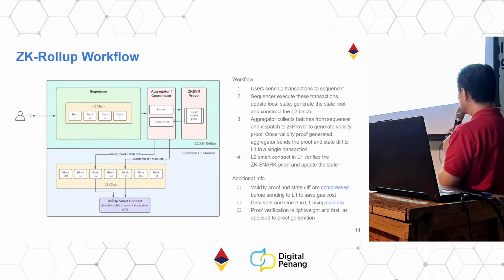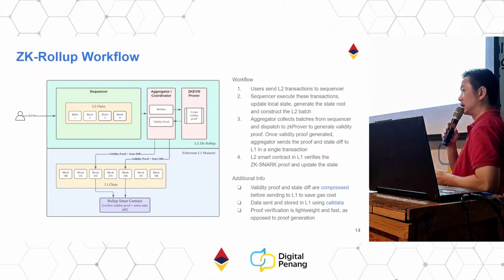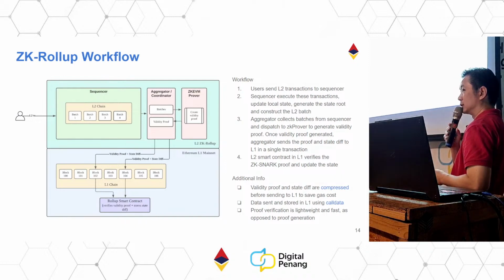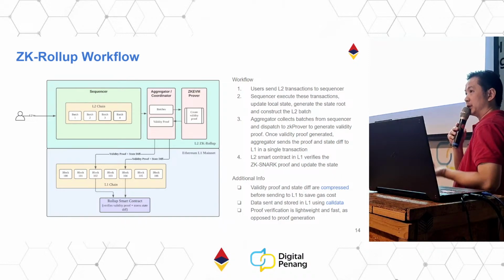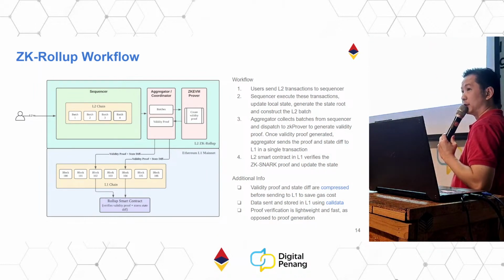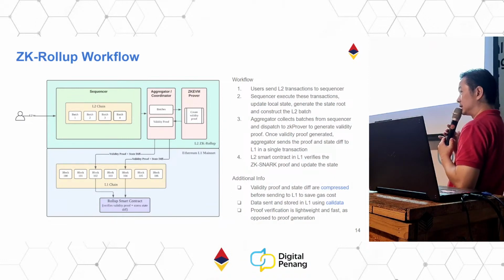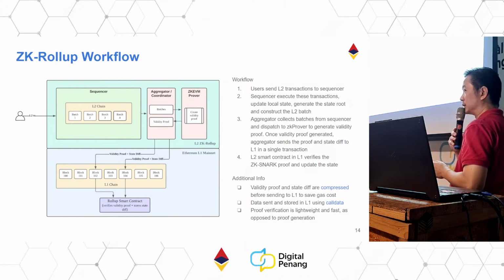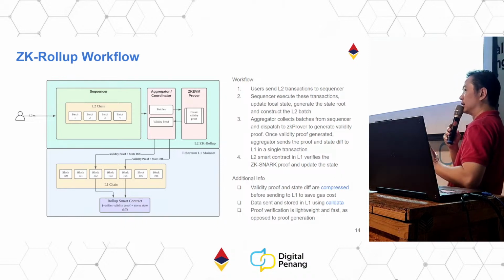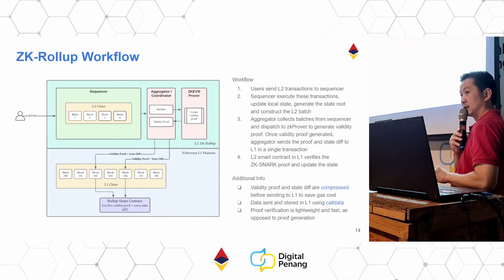So why do we need to send the state diff over to layer 1? Layer 1 needs a certain level of guarantees to allow people to exit from the chain if something bad happened to layer 2, right? For example, ZK Sync. Let's say ZK Sync operated for two years, and 3 years down the road they suddenly go missing, the whole team is missing, and nobody is operating it, and nobody has access to ZK Sync. So what happened?